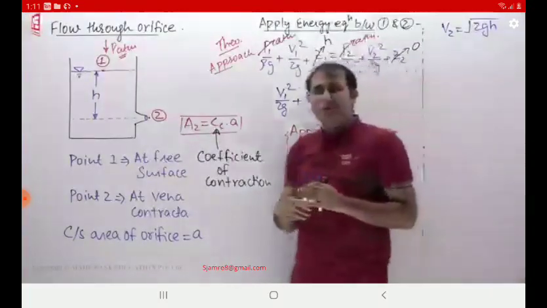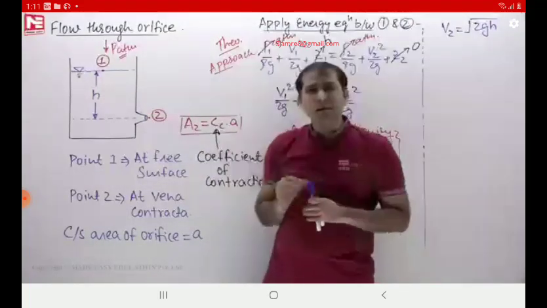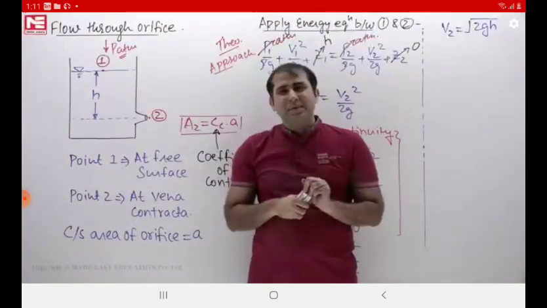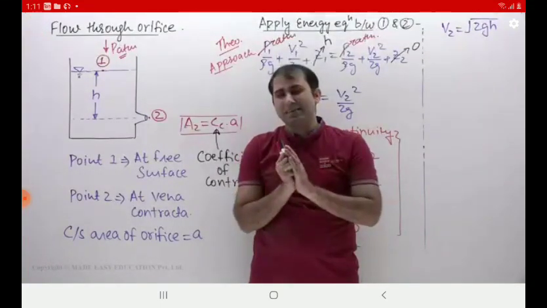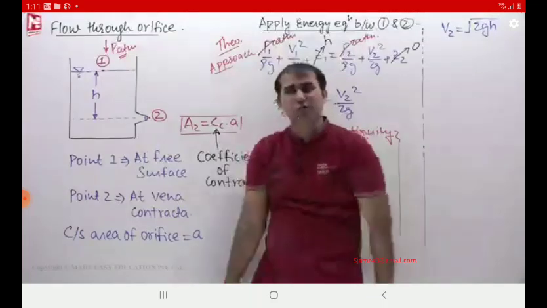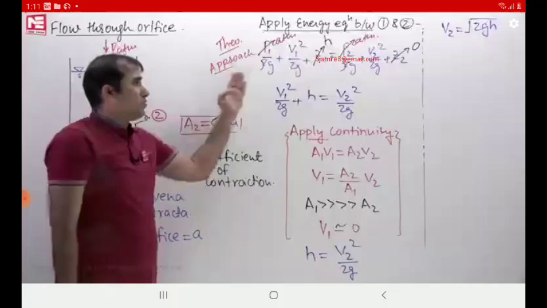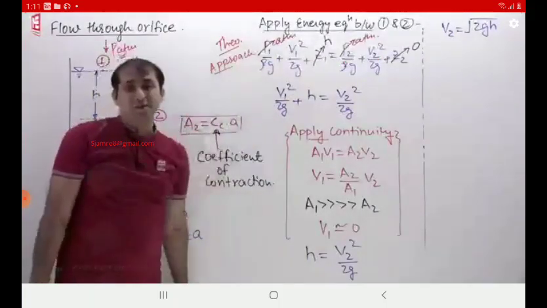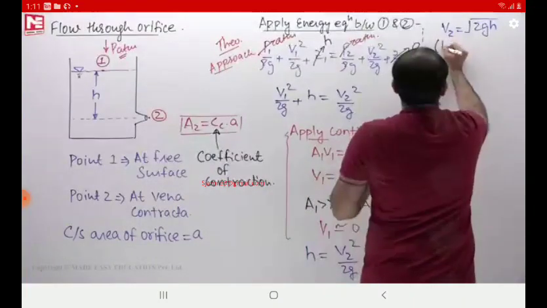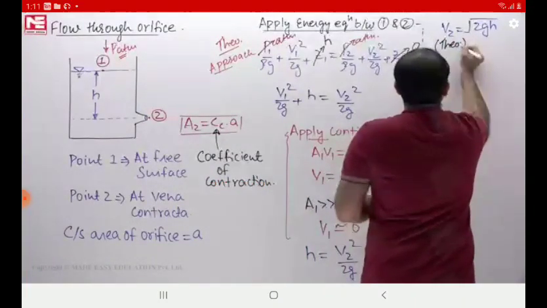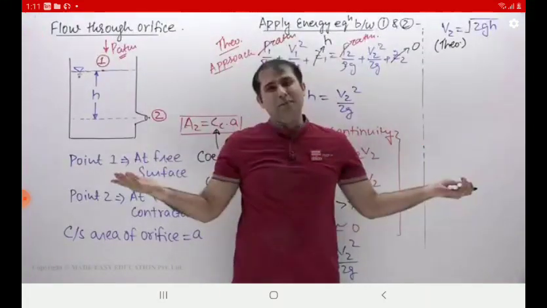Now, tell me, this V2 that you calculated, is it theoretical or actual? Since the work you have done is theoretical, V2 will be theoretical. And if someone asks you to tell the actual velocity, then multiply by CV.